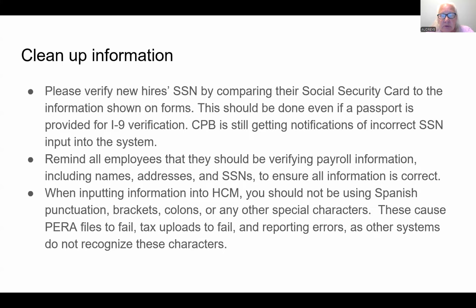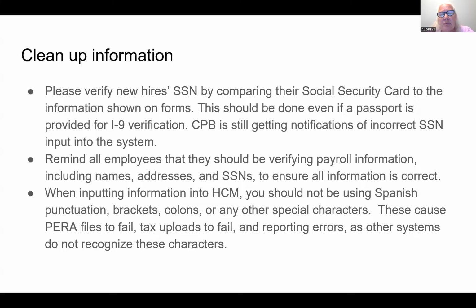But if recruiting has the Spanish accents, then it needs to be changed to a non-Spanish accent. Alonzo's asking, so would an accent or even the tilde over the n in their names be a special character? Yes. Yeah, the eñes are causing problems. I have seen the tildes over the i's that cause problems.